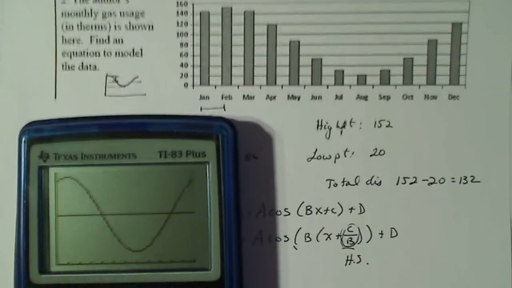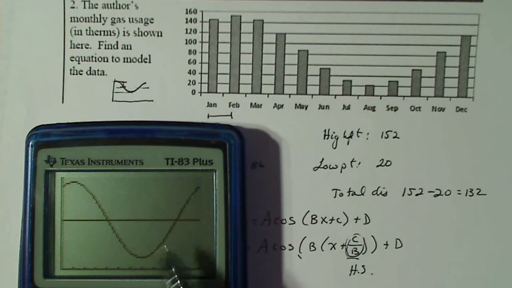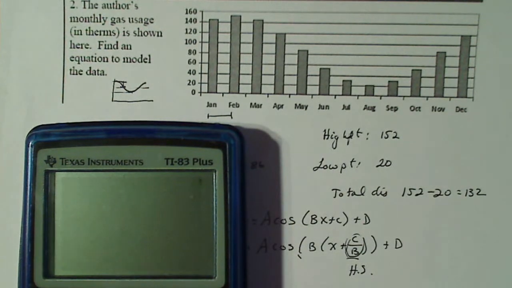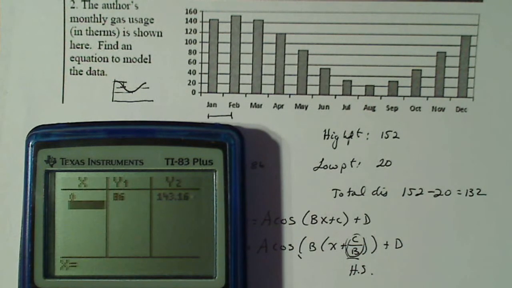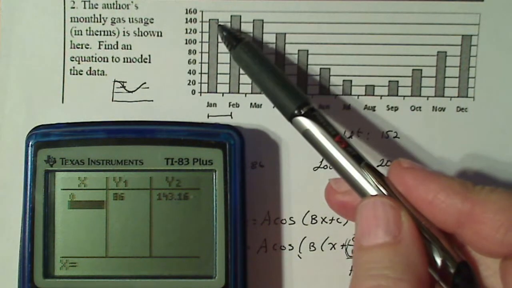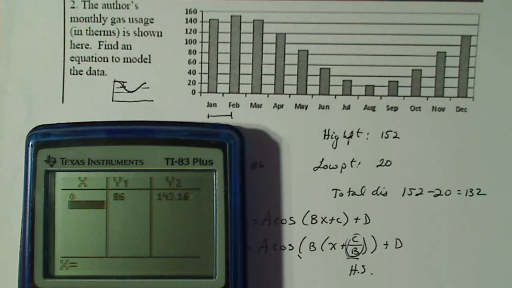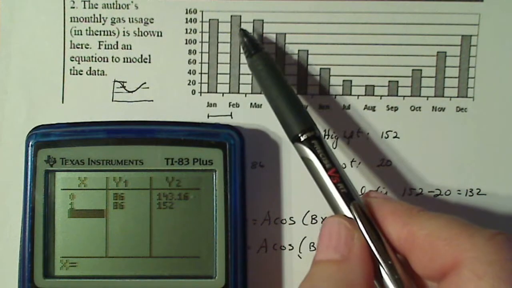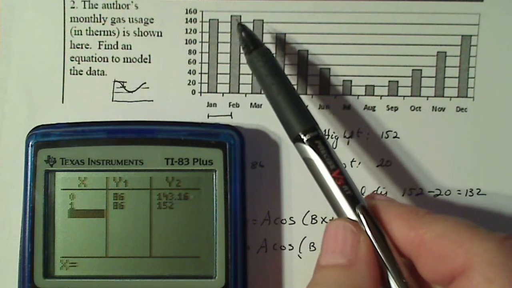Now, what we really want to see is how this data fits with this data. So if I go to my table and delete all these values out. So January is month 0, and that's about 143, which here it's a little bit bigger than 140. February is month 1. And notice that's 152, which is what I had.